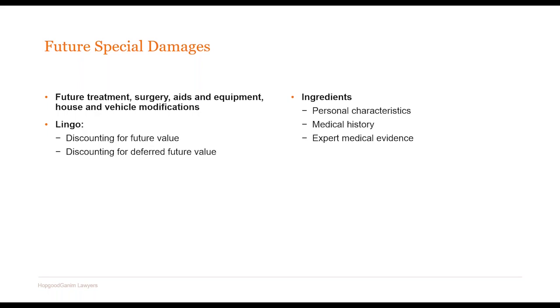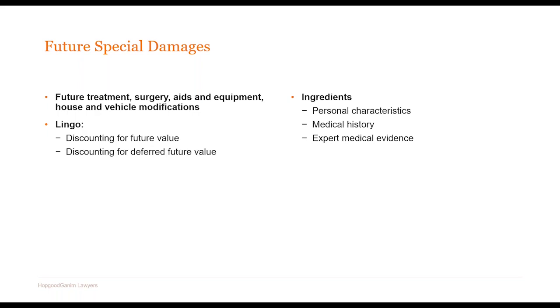There are two types of discounting that are applied in relation to future special damages, much like the discounting that we talked about for future economic loss. So the first type of discounting, and this is actuarial discounting, is discounting for future value. That discounting applies, like with the future economic loss, to the calculation involving a weekly expense.